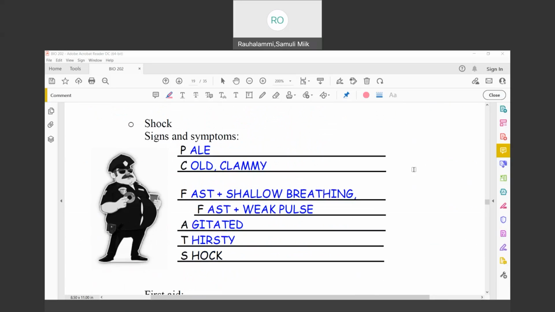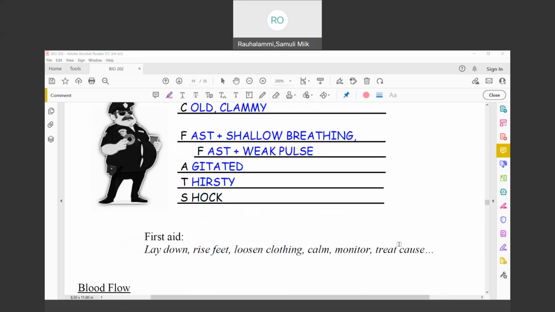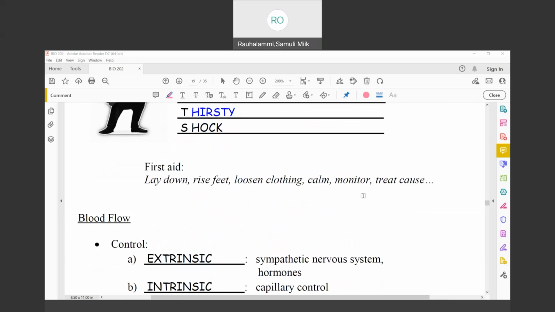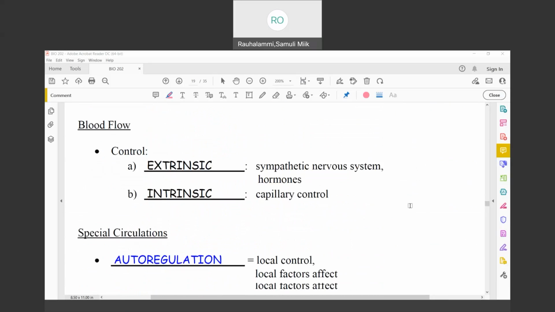Signs and symptoms of shock: pale, cold, and clammy skin, fast, shallow breathing, fast and weak pulse, appearing irritated and thirsty. And we talked about first aid treatment of shock a little bit as well.